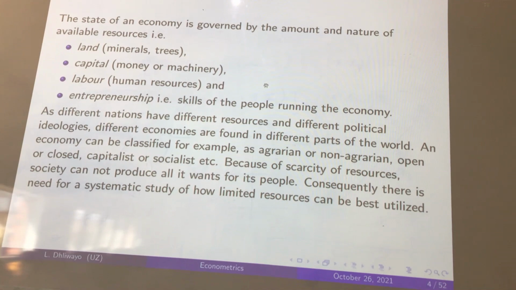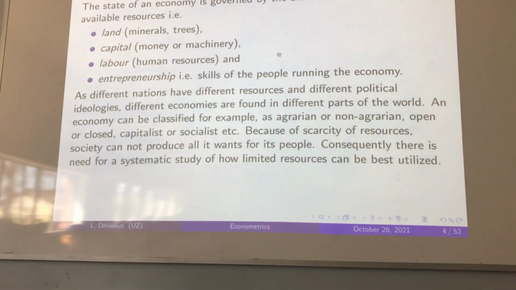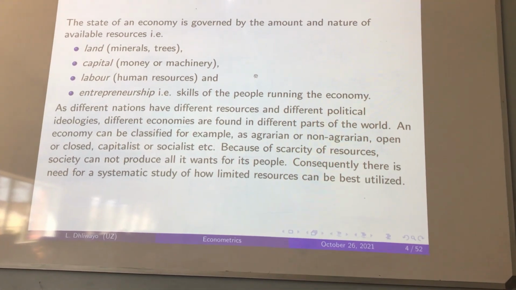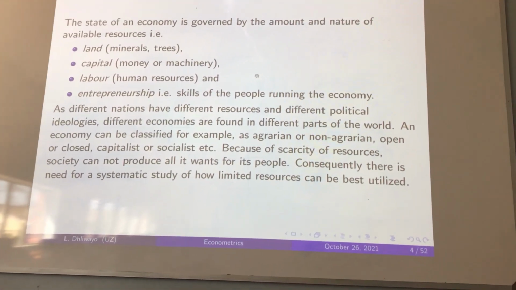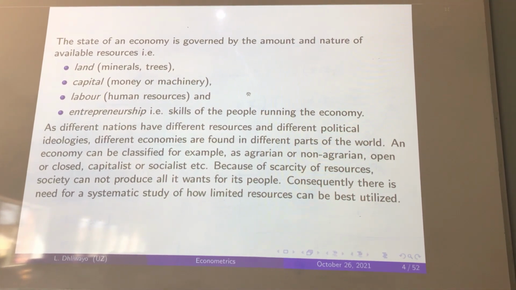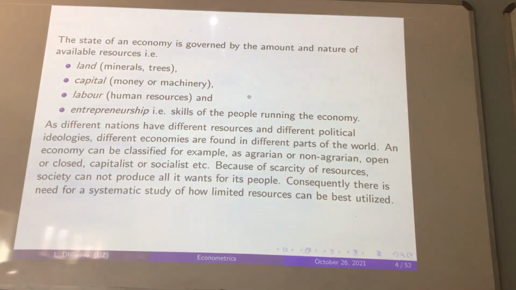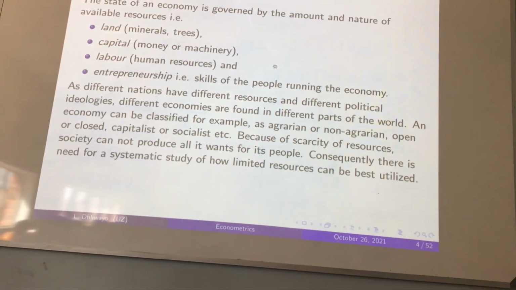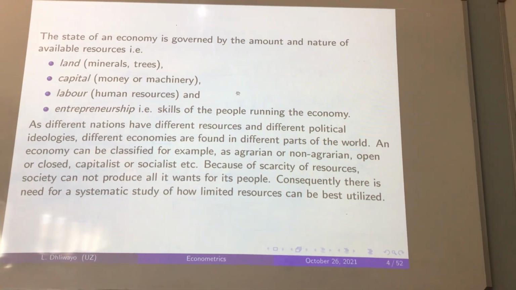As different nations have different resources and different political ideologies, different economies are found in different parts of the world. Look, for example, people are now building, like recently in Egypt. It's a desert area, but now they are planting what? Is it rice? In the desert.